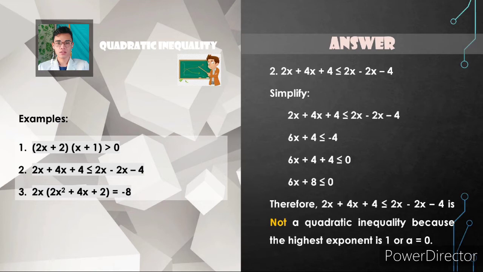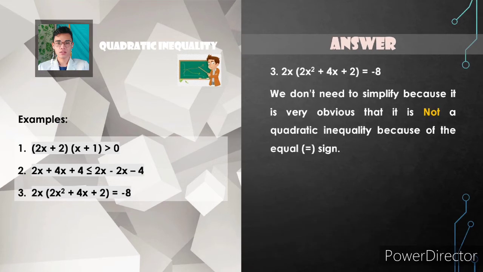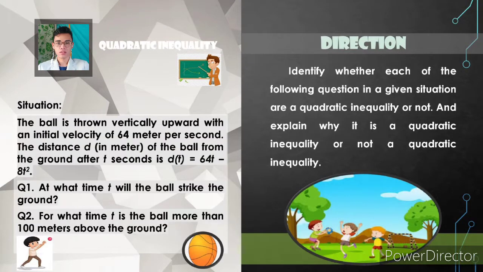Then we have 6x plus 8 is less than or equal to 0. Therefore, 2x plus 4x plus 4 is less than or equal to 2x minus 4 is not a quadratic inequality because the highest exponent is 1, or a is equal to 0. Number 3. We don't need to simplify it because it is very obvious that it is not a quadratic inequality because of the equal sign.